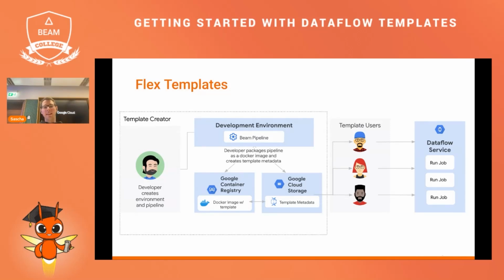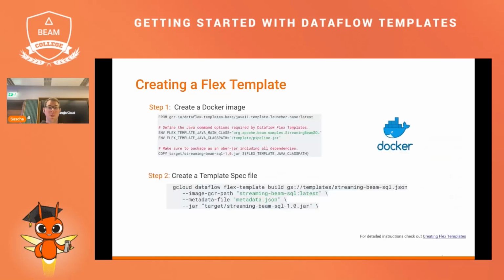So at the end, a template metadata file is created on cloud storage, and a Docker image of the pipeline is stored in a container registry, and the users are then able to refer to the template file and submit the code to execute the actual Beam pipeline.